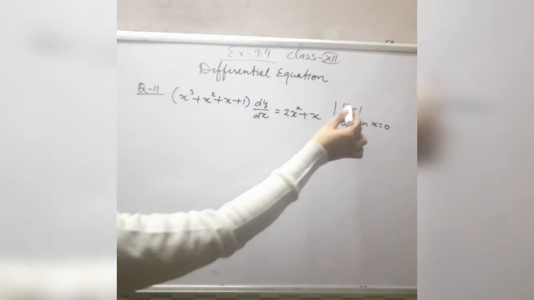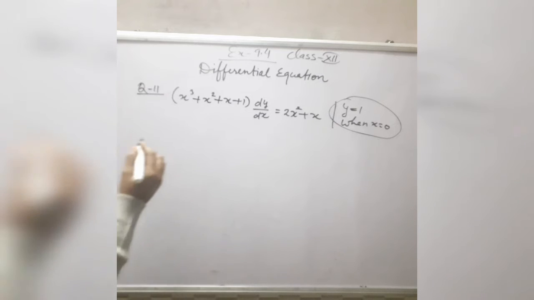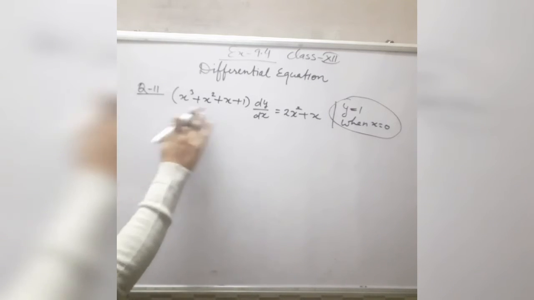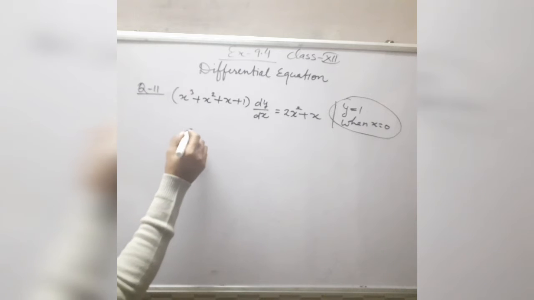This condition will help you in finding the value of constant c. And if you find a particular value of c, it means the general solution becomes a particular solution of the differential equation. So now see here, we will use the variable separable method for solving this differential equation.